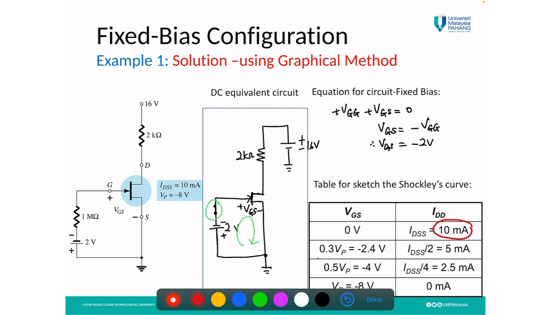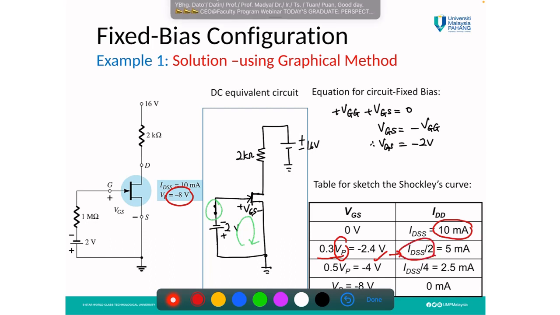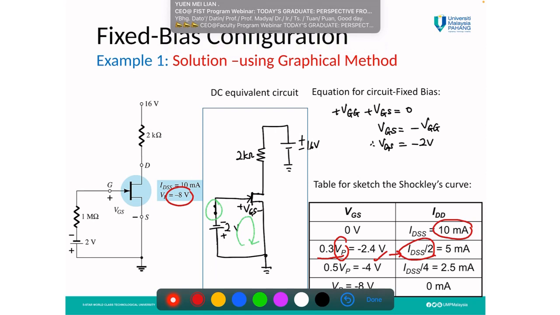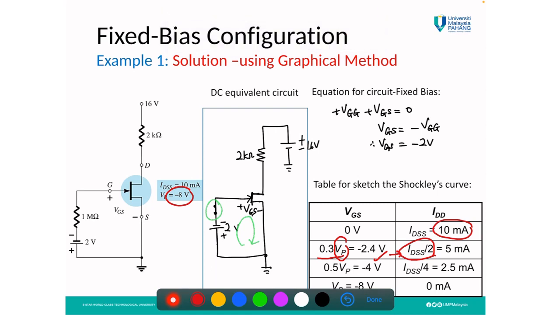Then here, VGS is 0.3 multiplied with VP, and when VP is negative 8, we get negative 2.4. Then ID is half of the IDSS, so we get 5 milliampere.